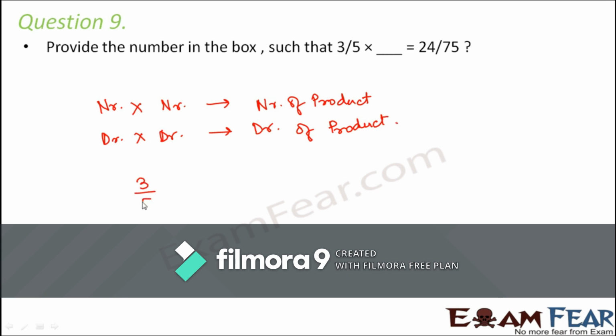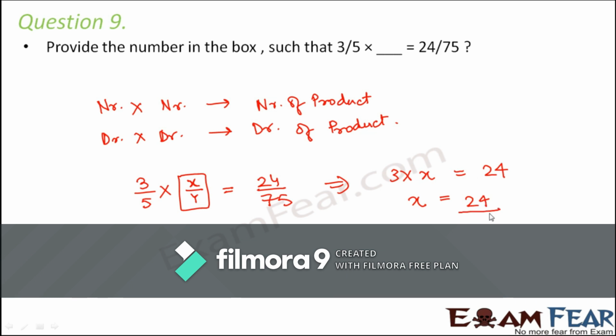So in this case, we have 3 by 5 multiplied by something which we don't know. So let us assume that the something is, say, x by y, which is equal to 24 by 75. So this actually means that 3 into x is equal to 24. So how will you find x? That means 3 multiplied by something gives 24.